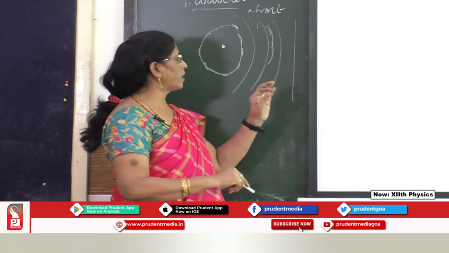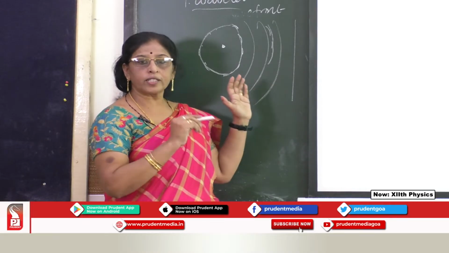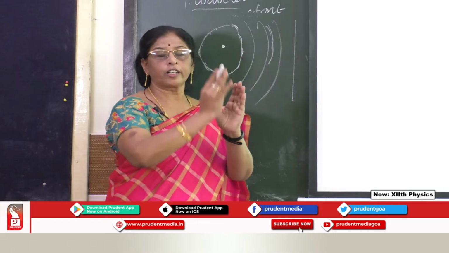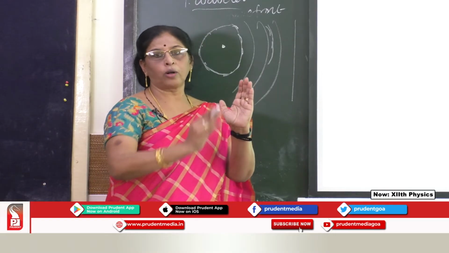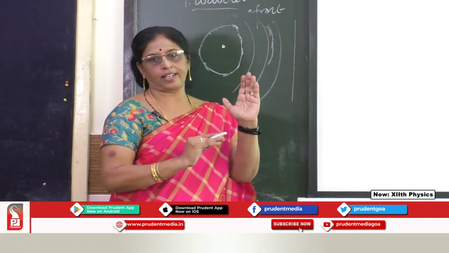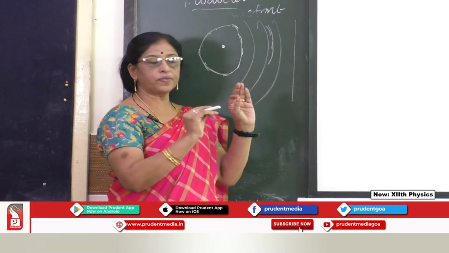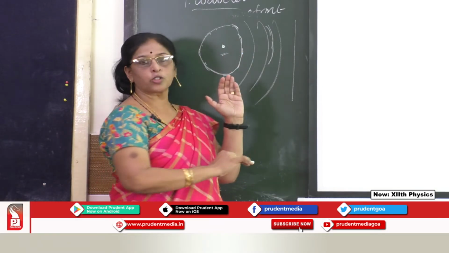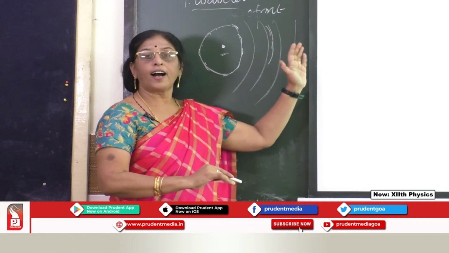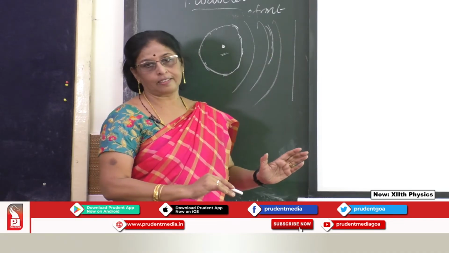That is what we call a plane wavefront, where you cannot make out a sphere. It looks like a straight line; all the points come in a straight line. So whenever we consider the wavefront at a distance from the source, the spherical wavefront looks like a plane, straight wavefront.